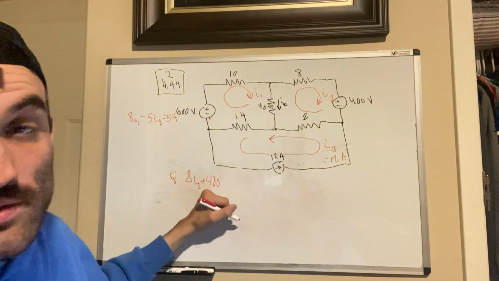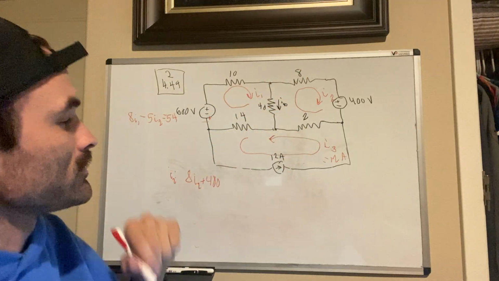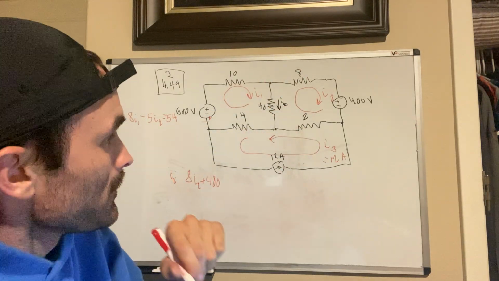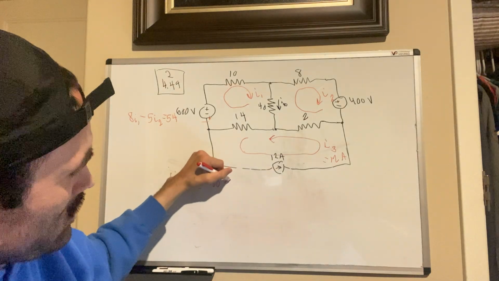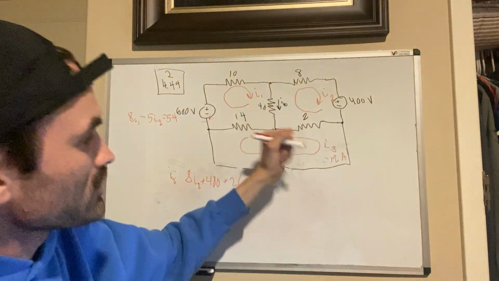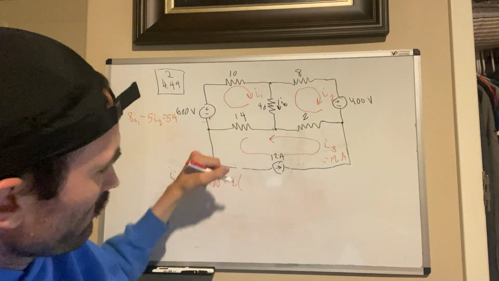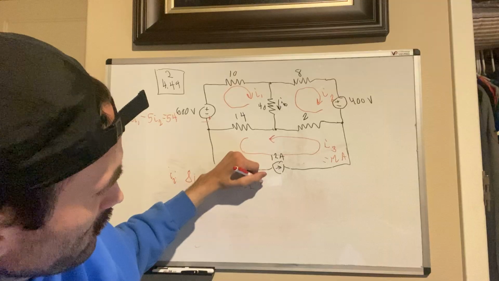That's already in volts, so we don't have to multiply by the current like we do for the ohms, for the resistances. And then we have 2 times I2, which is going in the same direction as I3 equals 12 amps. So we have I2 plus 12.